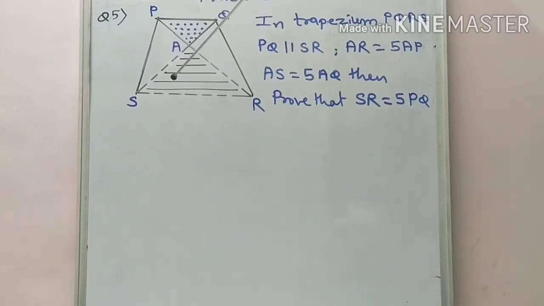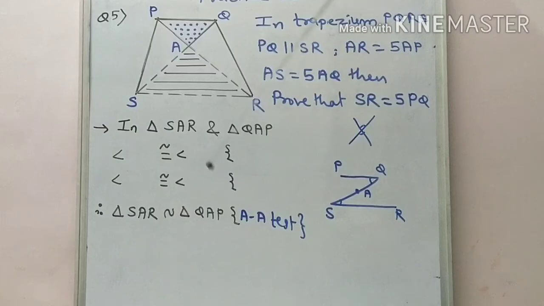So pay attention over here. First we write down the names of the two triangles: triangle SAR and triangle QAP. If we prove that two pairs of corresponding angles are congruent, then by AA test we can say these two triangles are similar.